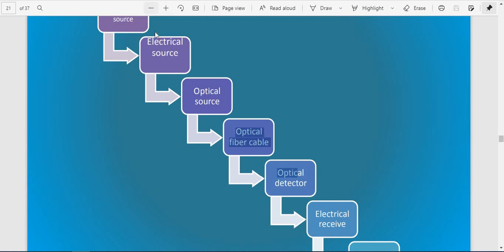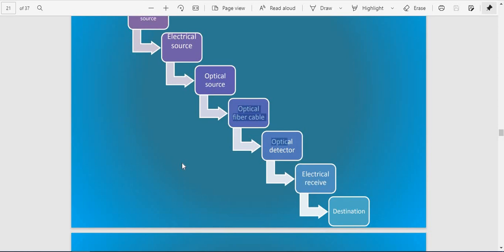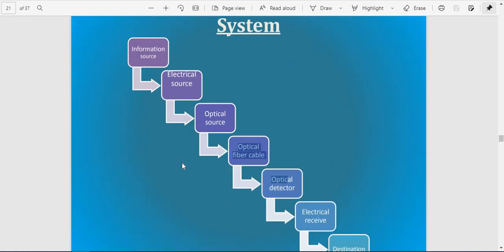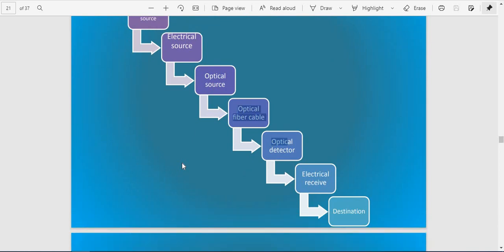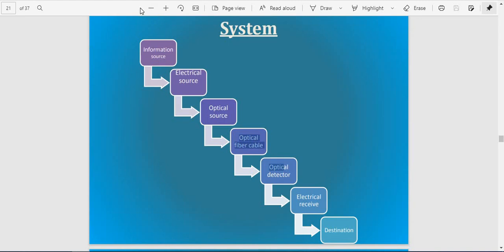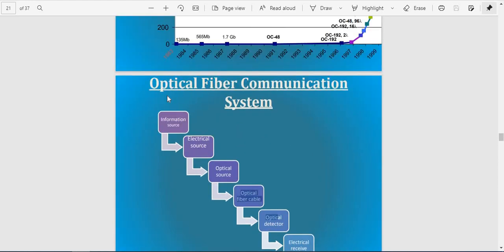This is the complete optical fiber communication system, and in this particular system we are going to follow this kind of communication. This is just an example of your optical fiber communication system. It looks like this.